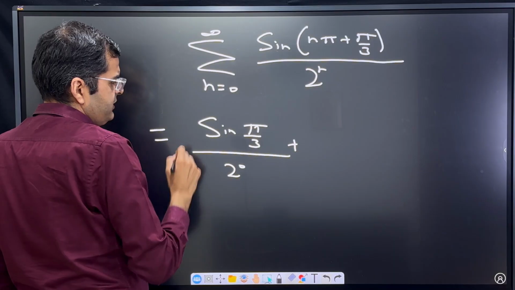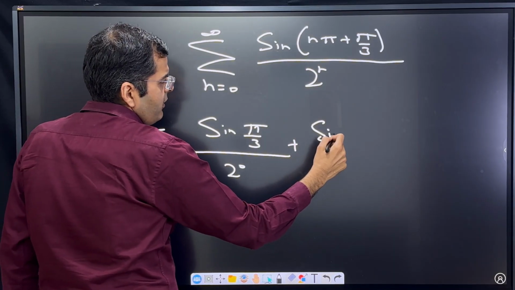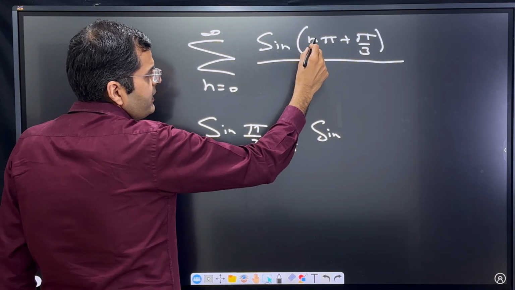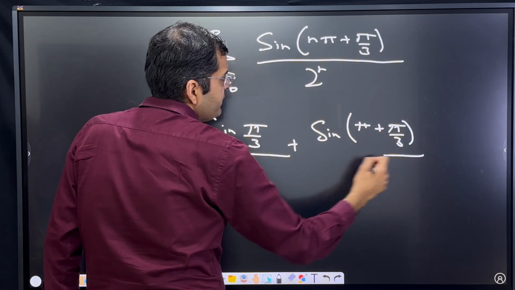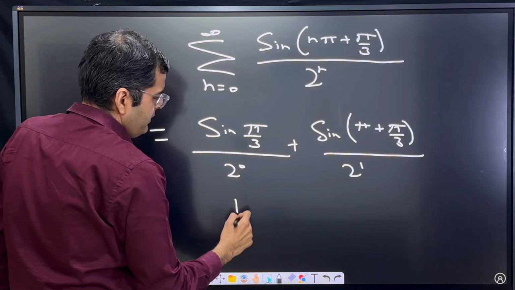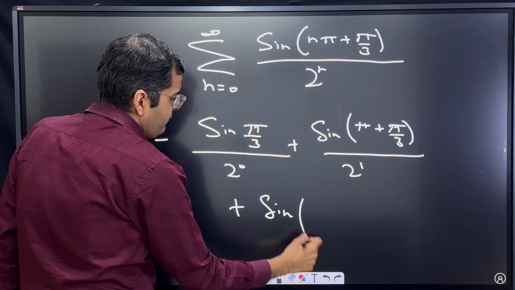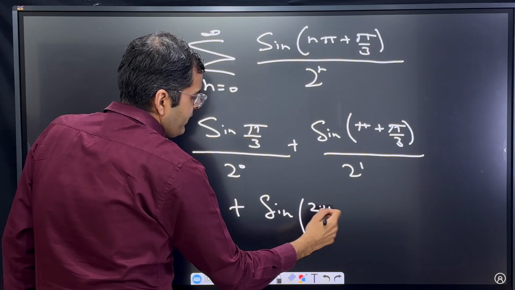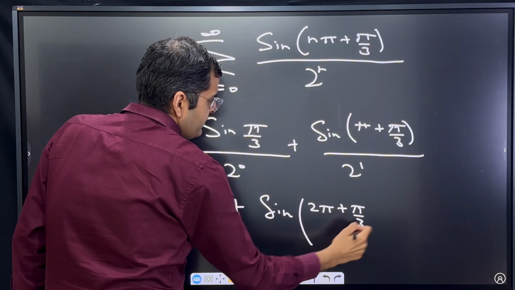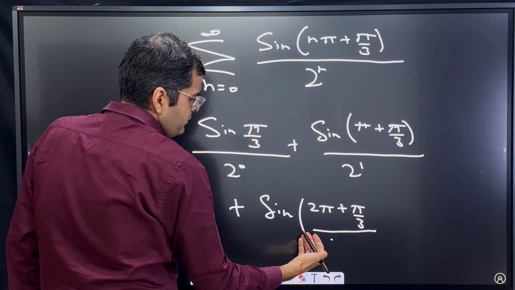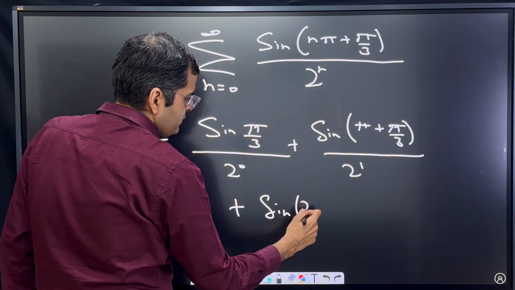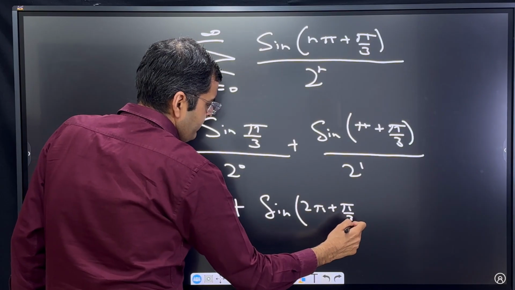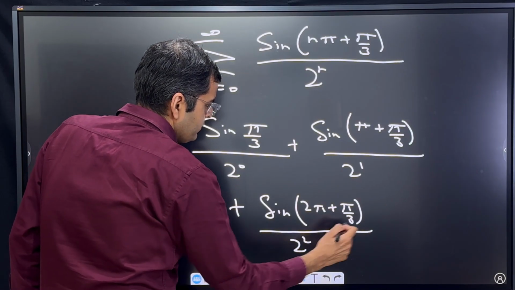If I put n as 1, it is sine of (pi plus pi by 3) divided by 2 raised to 1, plus sine of (2 pi plus pi by 3) divided by 2 raised to 2.